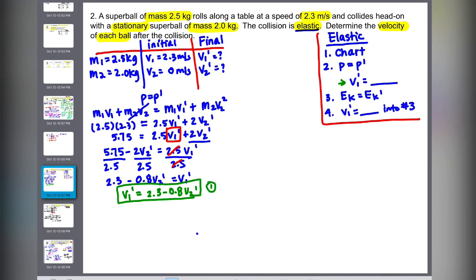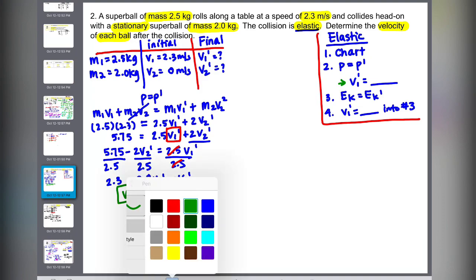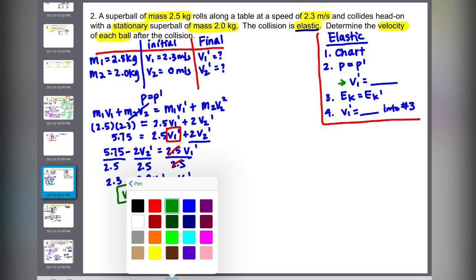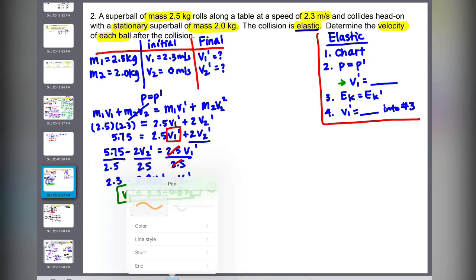So equation 1. Okay, I'm going to repeat the process, but now this time for Ek equals Ek prime. So initial kinetic equals final kinetic. That's now step 3.